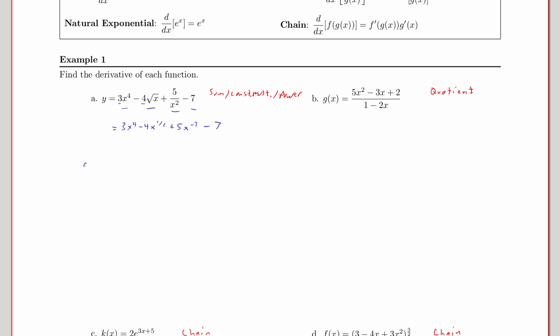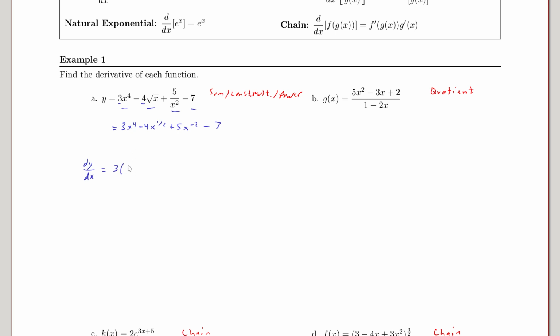Okay, so now we're ready to take the derivative of y with respect to x. And we're just going to do all 3 of these rules as we go. So the way I do that is I am going term by term, so I'm applying the sum rule. I'm going to just write the constants down, so I've done the constant multiple rule. And then we can apply the power rule to x to the 4th.